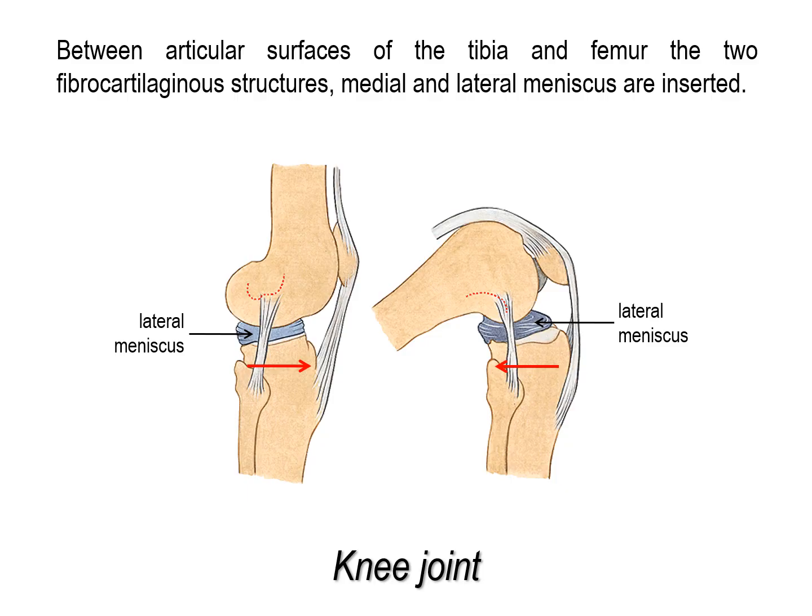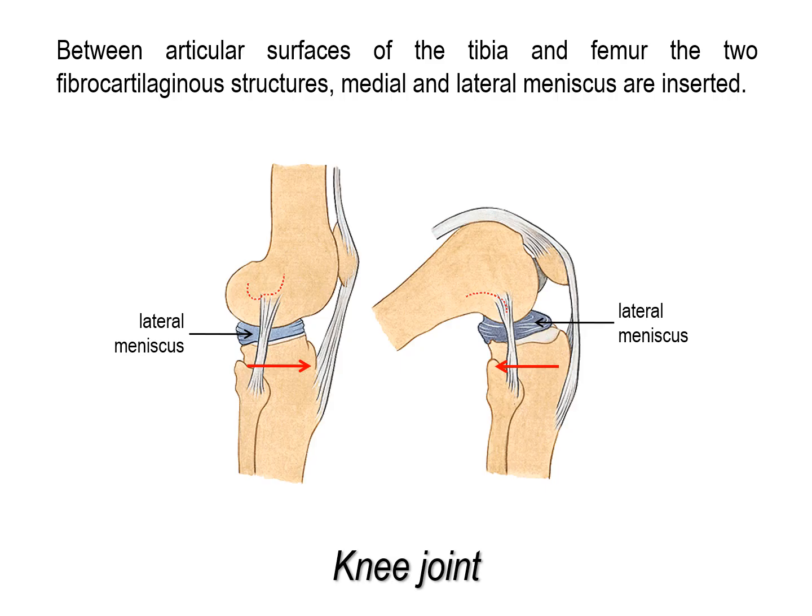Between the articular surfaces of the tibia and femur, two fibrocartilaginous structures, the medial and lateral meniscus, are inserted. Each meniscus has two ends, anterior and posterior, which are attached to the tibia. They have two borders.